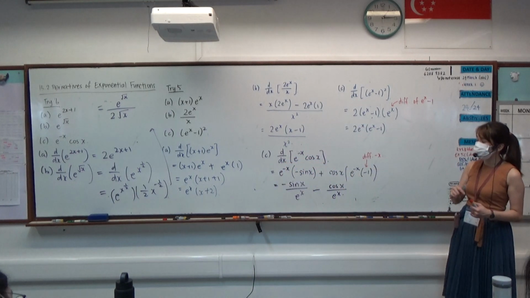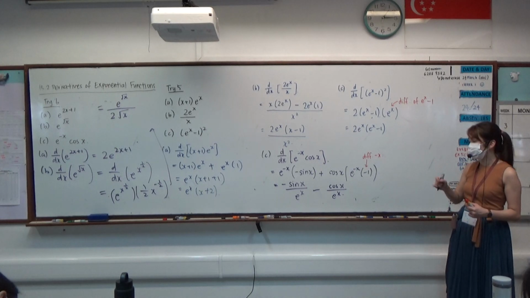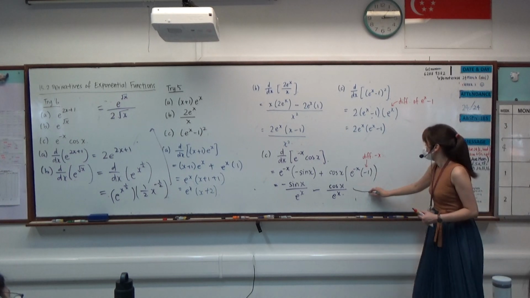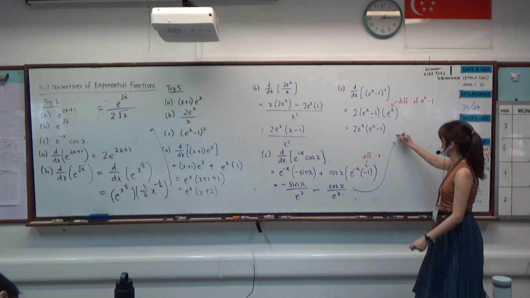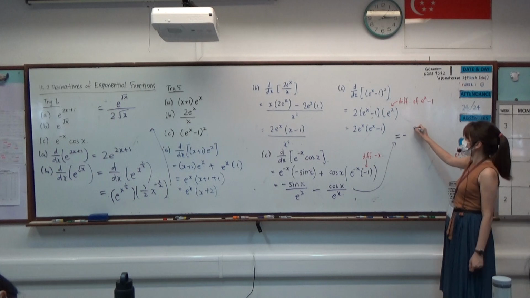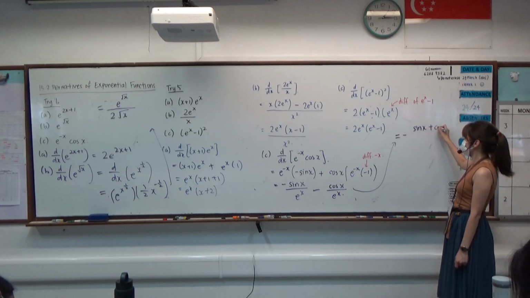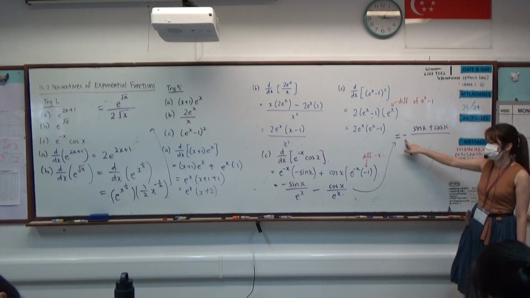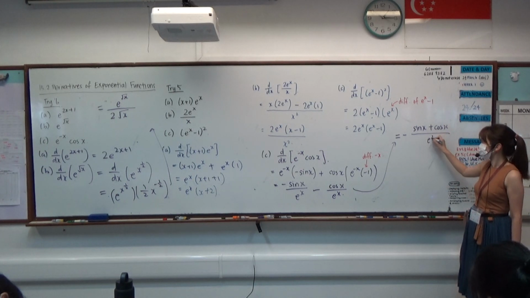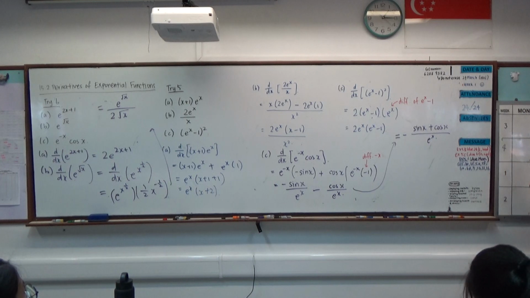Okay, you can write it as negative sin x over e to the power x minus cosine x over e to the power x. Or in fact, you notice that the denominator is the same, so pull out the negative sign. Numerator will become sin x plus cosine x because we factorize out the negative. So a simplified answer will be this.